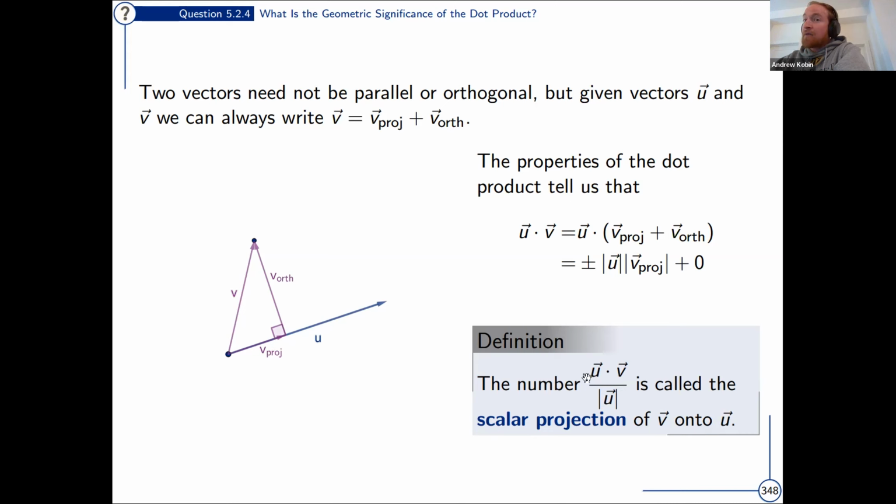And the length of this will be exactly the dot product of u and v divided by the length of u. Now, this is not a very useful formula if you don't know what the dot product u times v is, but theoretically, this is a good tool to be able to compute vproj with. If we can somehow figure out the dot product, we can also compute vproj, or conversely, if we know what the projected vector is and we know what this triangle looks like, we can extract the dot product from it using this formula.